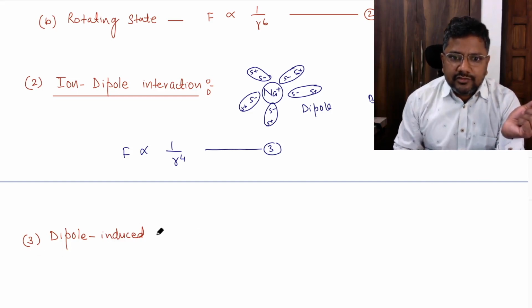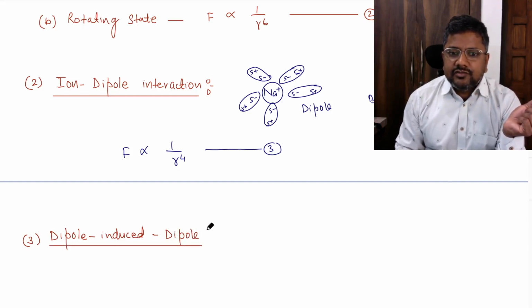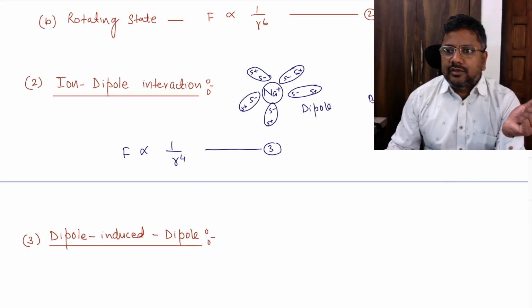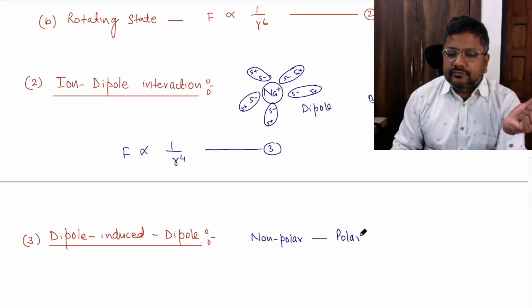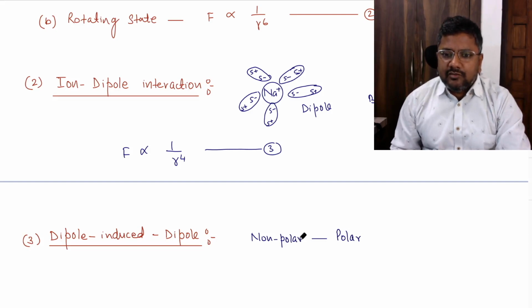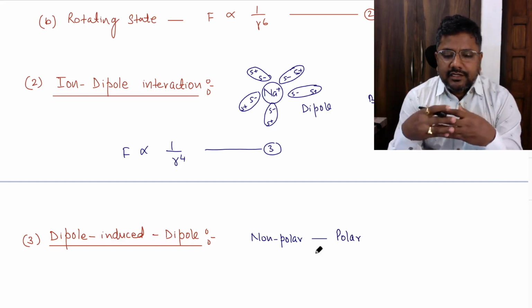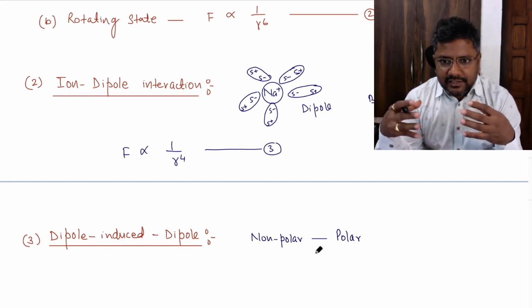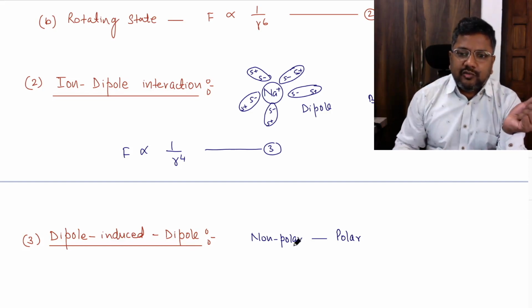So this type of interaction you will observe between a non-polar molecule and a polar molecule. What will happen when a polar molecule comes close to this non-polar molecule, there is induction, means the polar molecule will induce the polarity in the non-polar molecule.